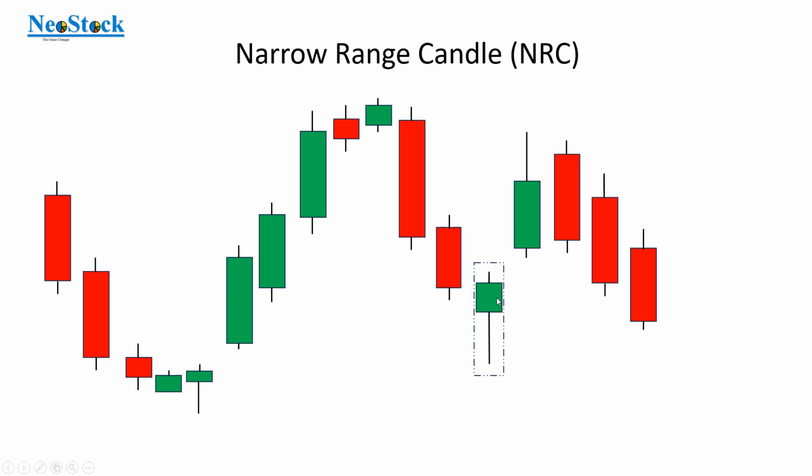And this body should be less than or equal to the entire range of the candle. The body of the candle should be less than or equal to 50% of the candle. So is it looking less than 50%? Yes, it is clearly visible. This body is definitely less than 50% of the entire range of the candle. So such medium size candles are called narrow range candles.